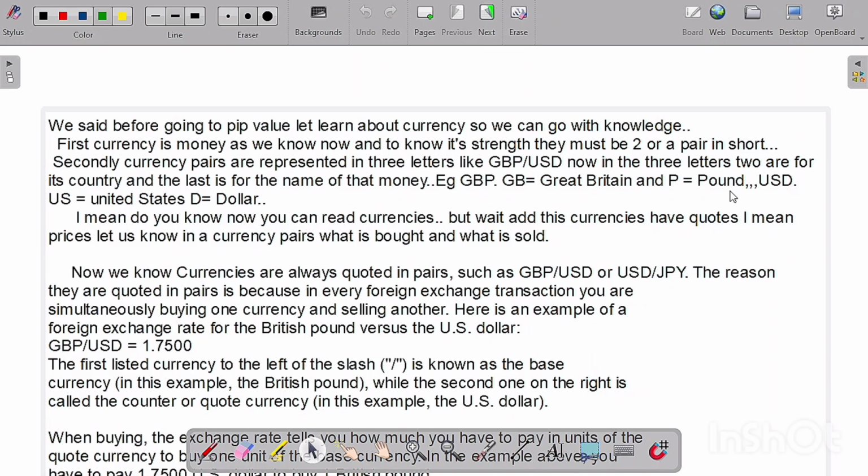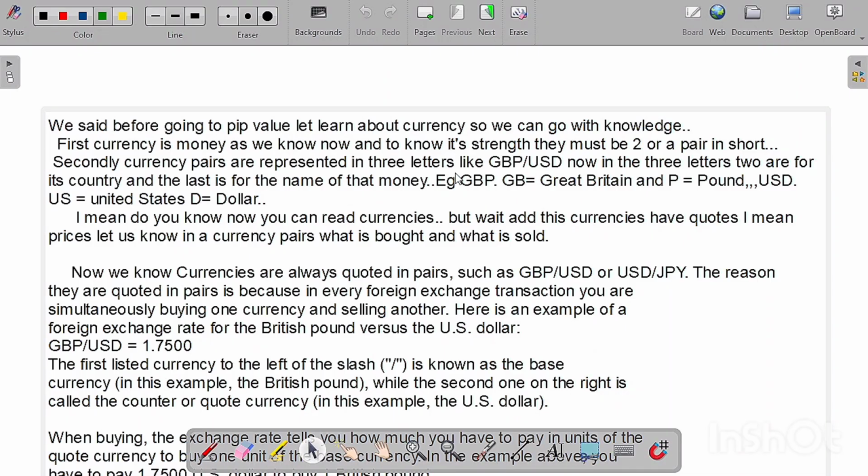For USD, US means United States, and D stands for dollar. So that's how we read those currencies. In the next few pages, we will see how they represent themselves in the software.